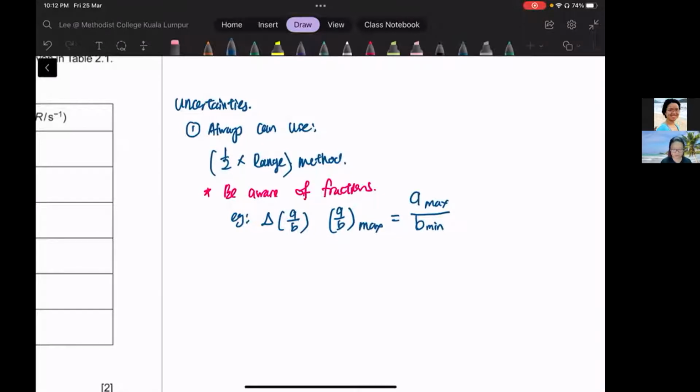Right? So for example, maybe I say A is equal to 24 plus minus 2, and B is equal to 4.0 plus minus 0.5. So if I want A over B maximum, I will have to take 26 over 3.5, because the smallest possible value for B is 4.0 minus 0.5, and the largest possible value for A is 24 plus 2.